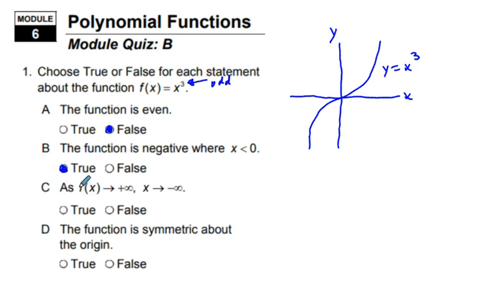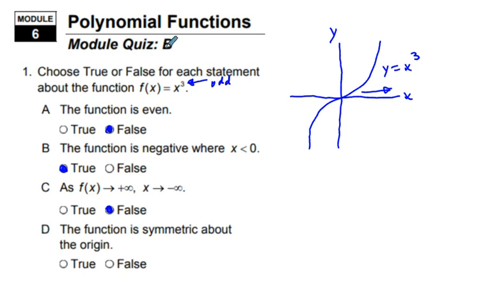C, end behavior. As f of x approaches positive infinity, x approaches negative infinity. Well, you can see here as x approaches infinity, y approaches infinity and not negative infinity, so this part C is false. D, the function is symmetric about the origin.